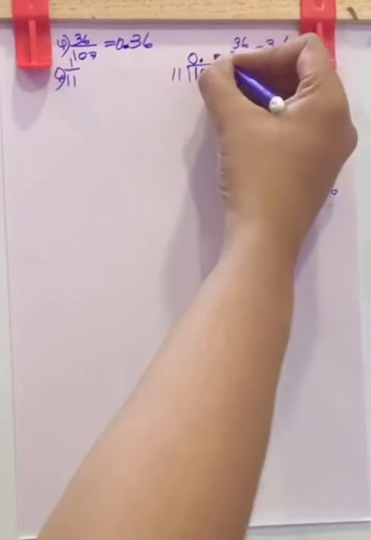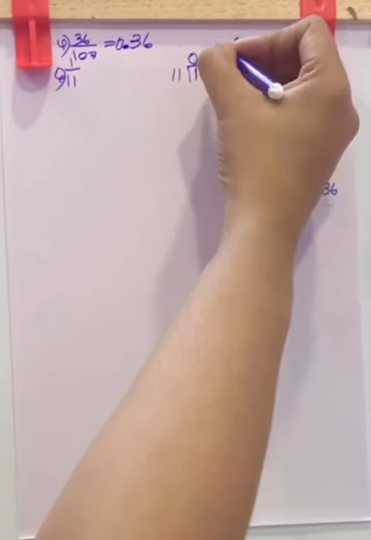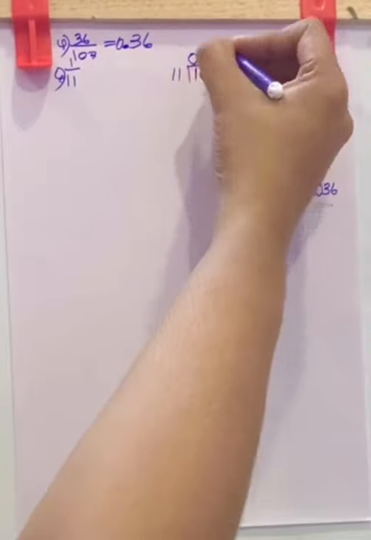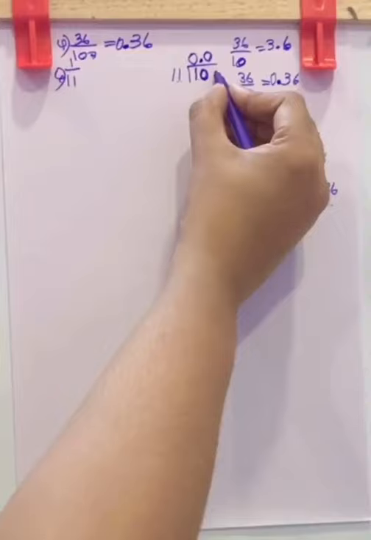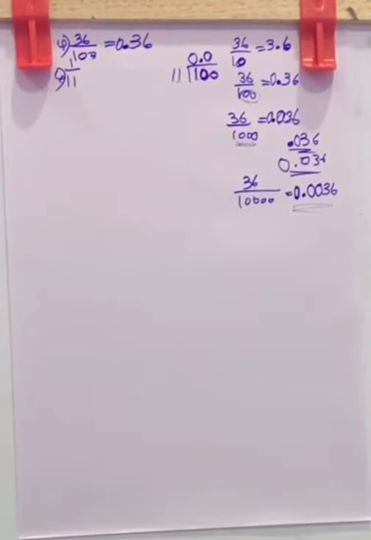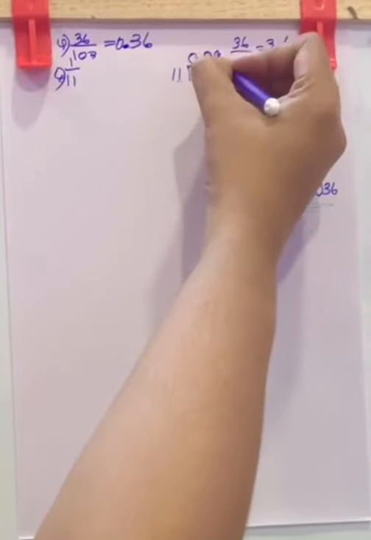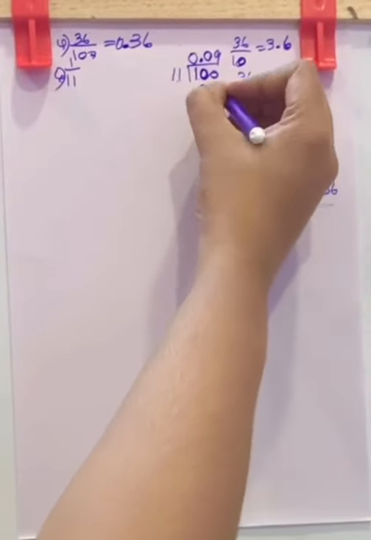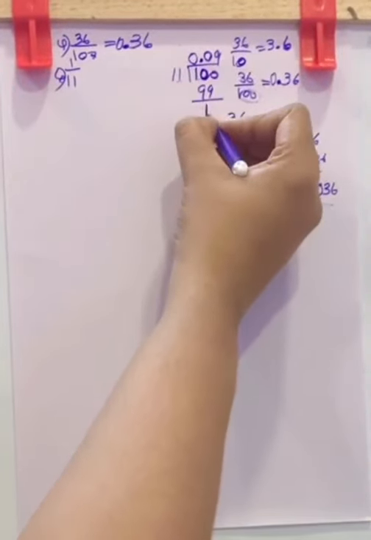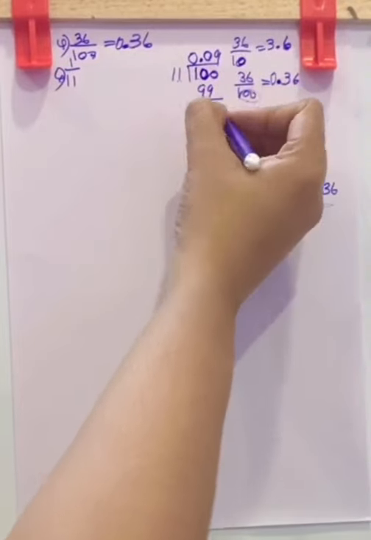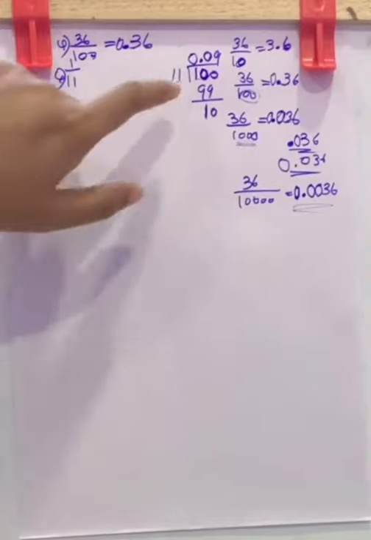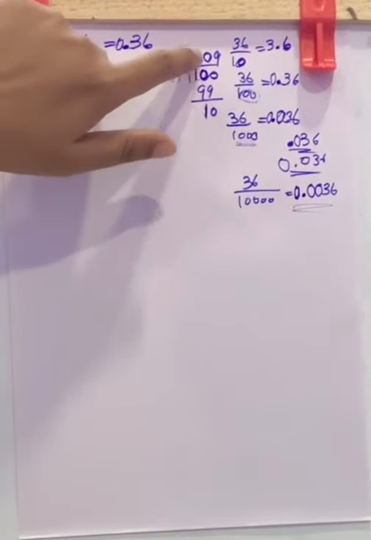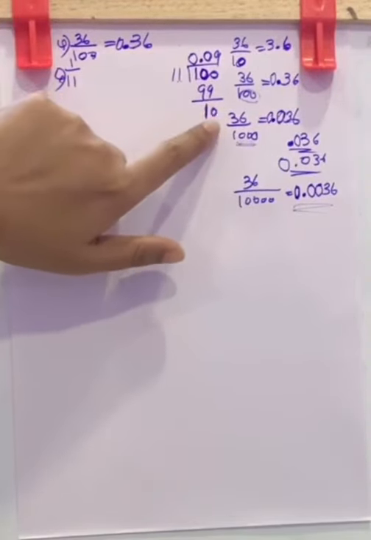No. So you put another 0 here because in 10 you can't divide by 11. Now make it 100. Now in 100, 11 how many times? 11 nines are 99, right? So the balance is 1. Here you subtract, so the balance is 1. Now put a 0 here because we have already put the decimal, so you can put zeros in remainders.